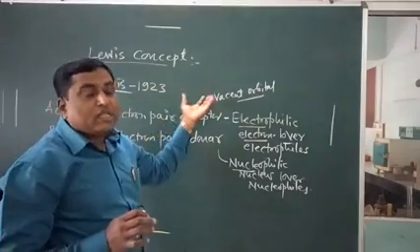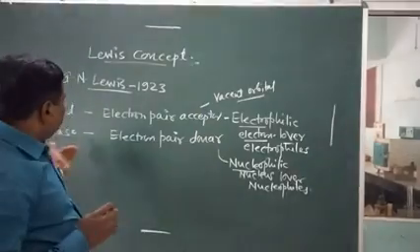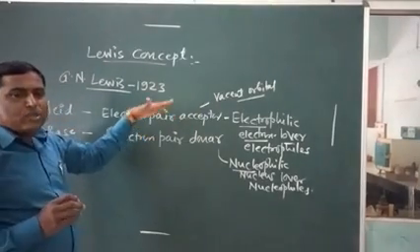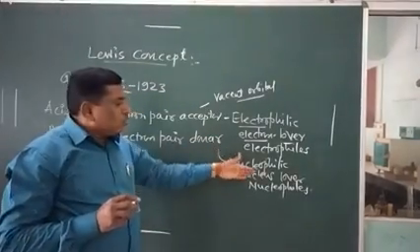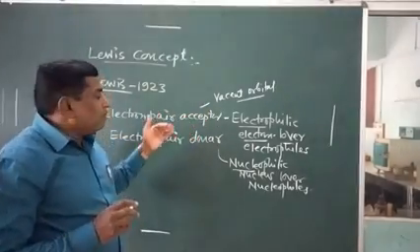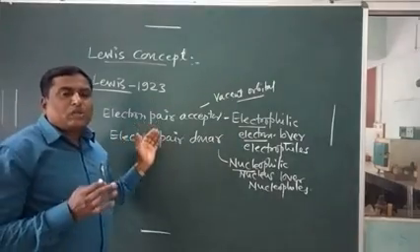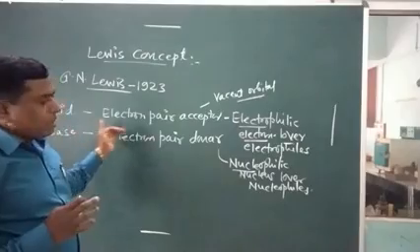All the metal ions can act as acids. Again, electron pair donor species are nucleophiles, meaning electron rich species, and they must be able to donate electrons to other species. These are called bases.